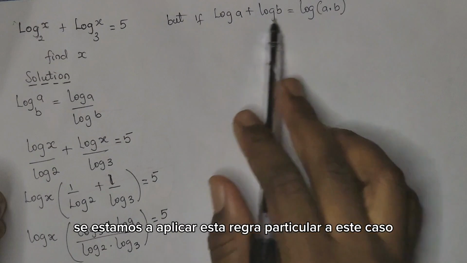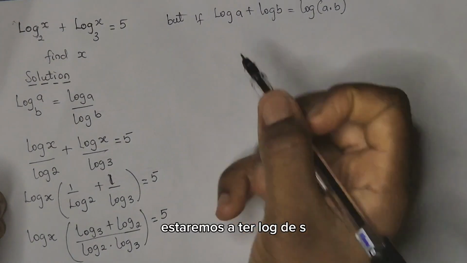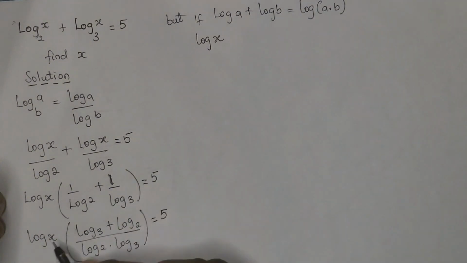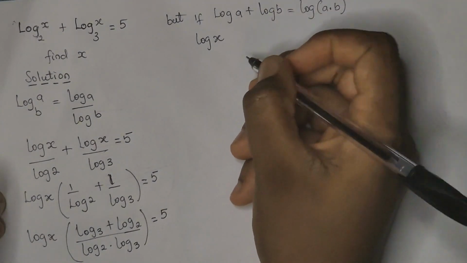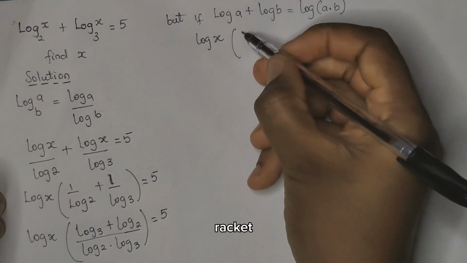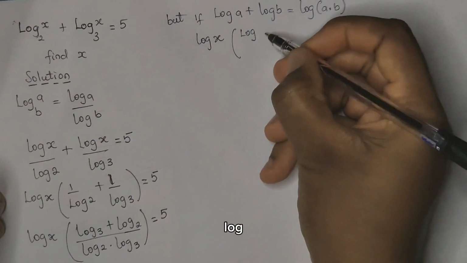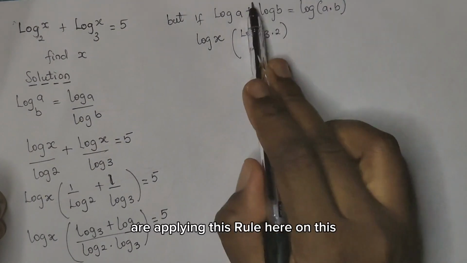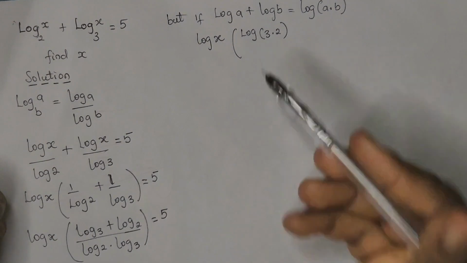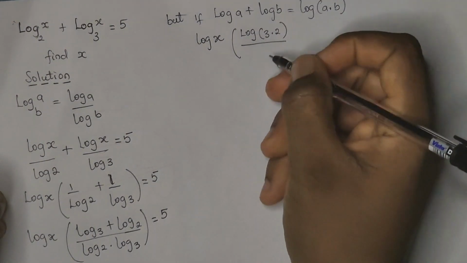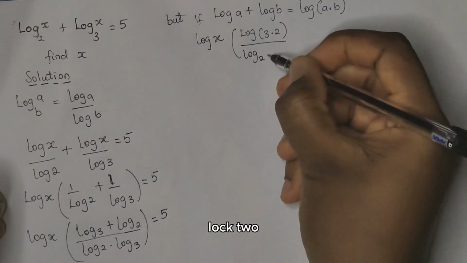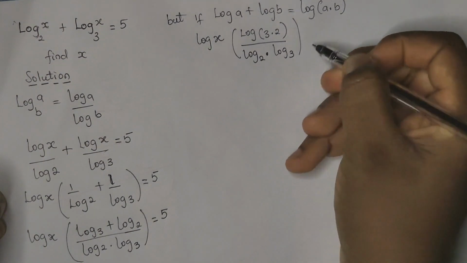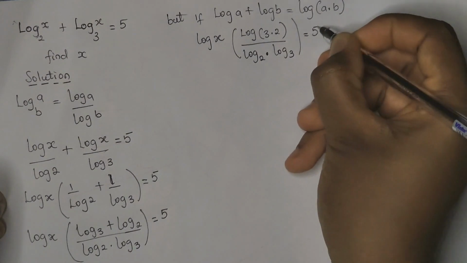If we apply this particular rule to this, we would then be having log of x, bracket log 3 times 2, that's 3 times 2, all over log 2 times log 3, equal to 5.